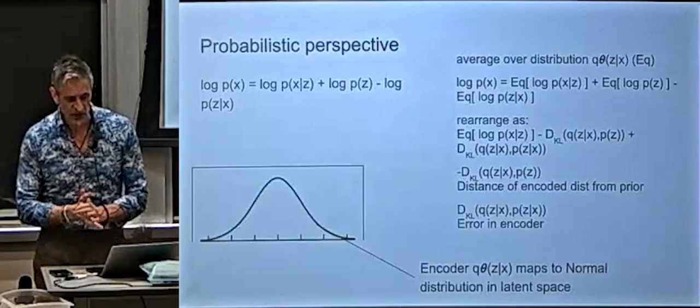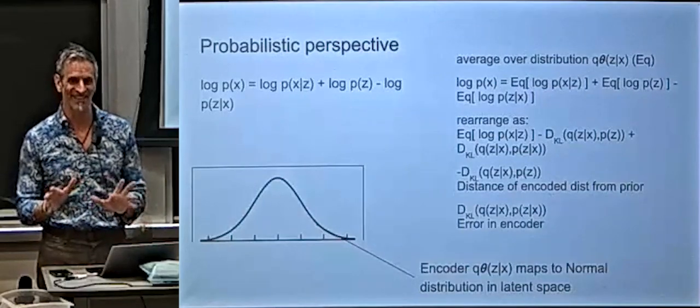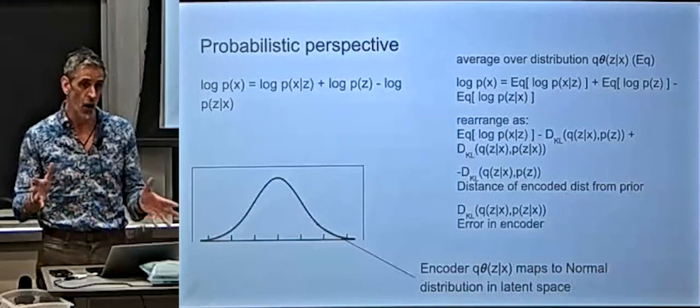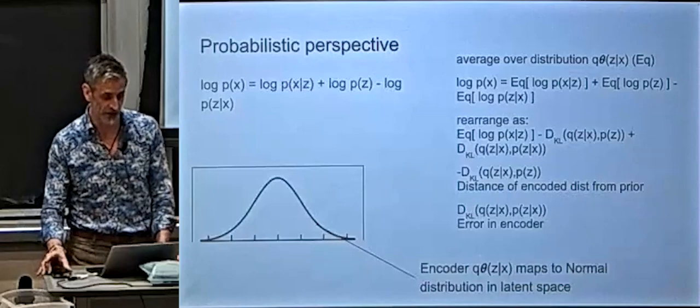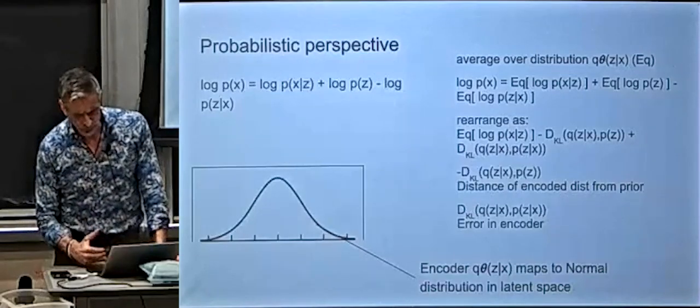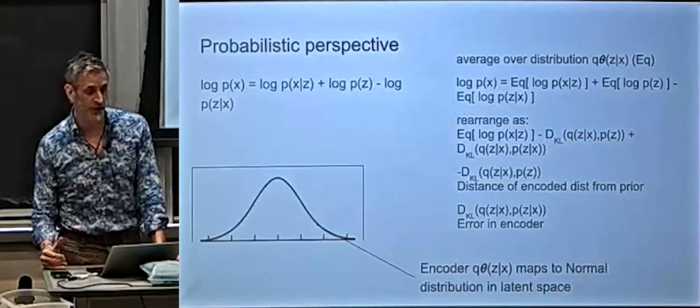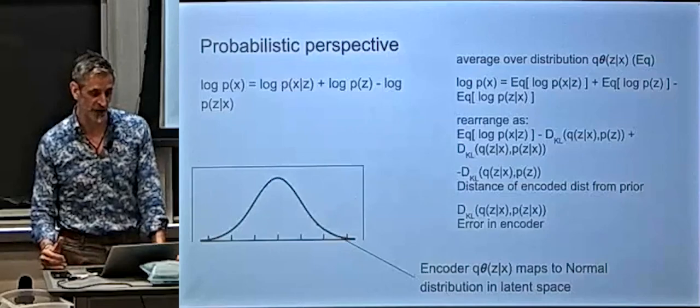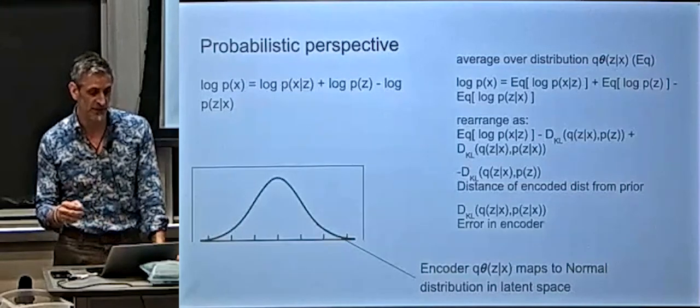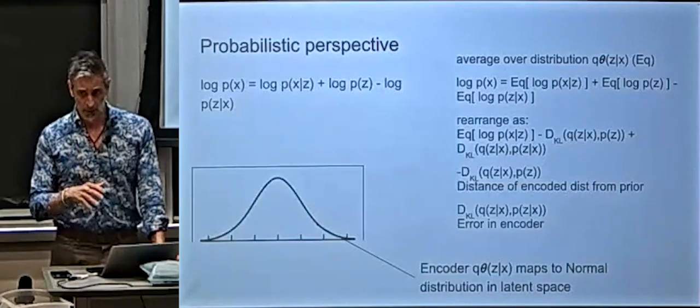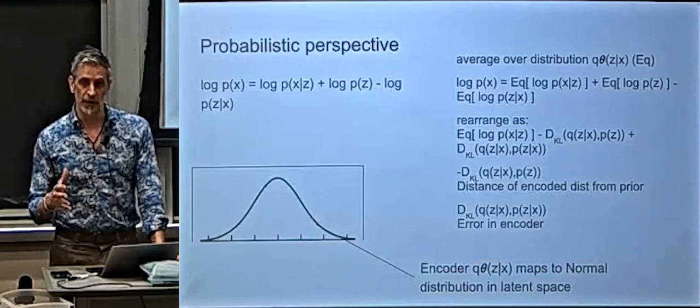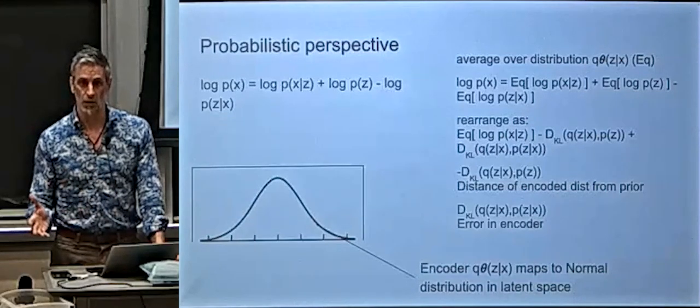Okay, so now that we've got that terminology, and all I've done so far is give you terminology, I want to look at that equation again. Okay, so we had log P of x is these terms on the right, and this is just Bayes' law, right?